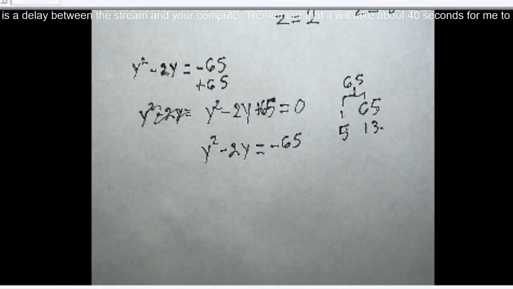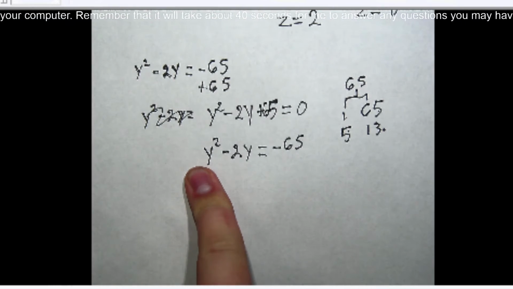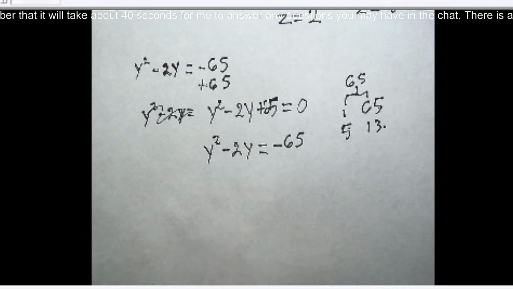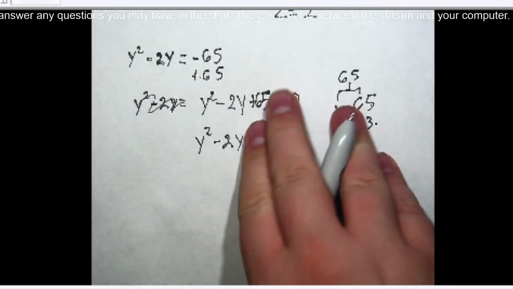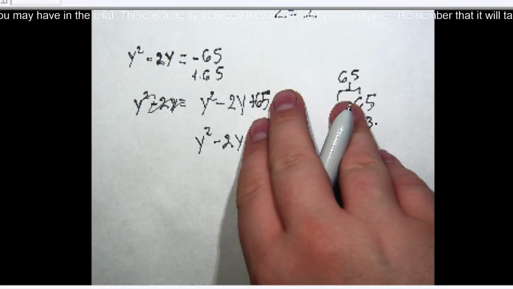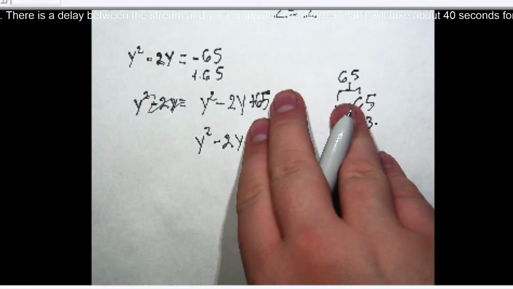Okay. Now in order for this to work, first of all, our a term, our leading coefficient, has to be positive 1. If it isn't, we need to divide it out so that it is 1. Luckily for us, it's already 1. Now what we do is we look at this side and we say, all right, we've got y squared minus 2y. We can add something to this. We can add a c term to this that will make it factorable.